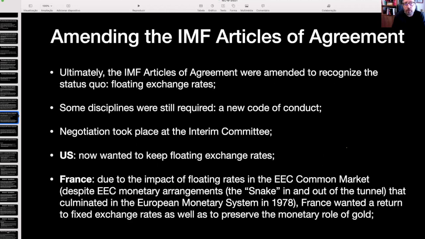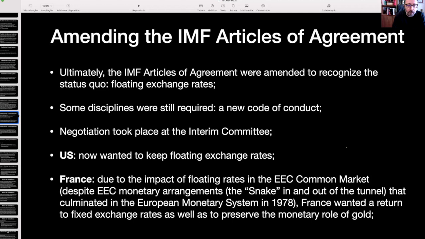So okay, the Bretton Woods system, with its central par values, the rules on maximum allowed variations of 1% above and below par value, the duty to intervene in order to secure that your currency kept within that very narrow margin, all of that was swept away in the 1978 amendment of the IMF.